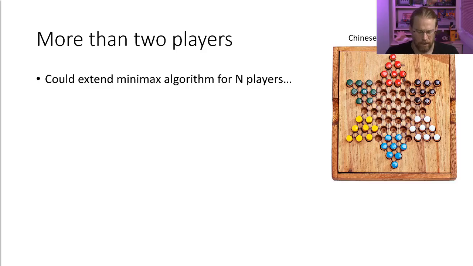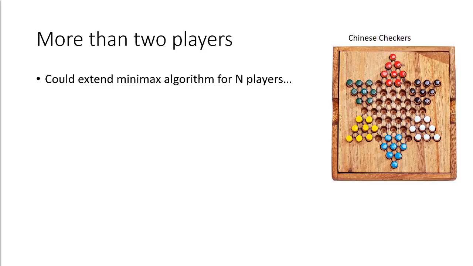Now, there is a situation where we might have games that have more than just two players. And so we could consider ways that we could extend the Minimax algorithm to work for N players. In this case, you could just alternate the selection for each player as part of the min and max.